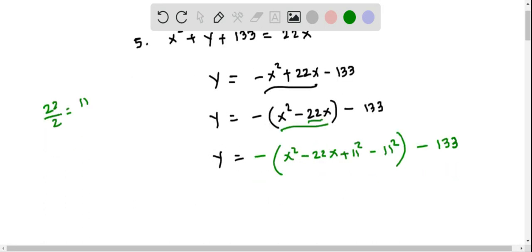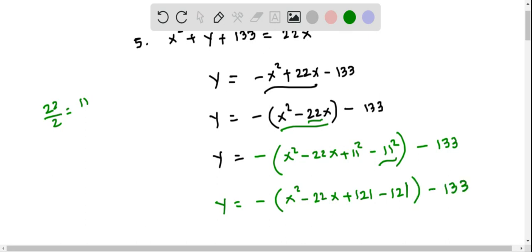Now we can write this as y equals negative, x squared minus 22x plus 11 squared, which is 121. We also have negative 11 squared, which is negative 121. And this is negative 121 minus 133.